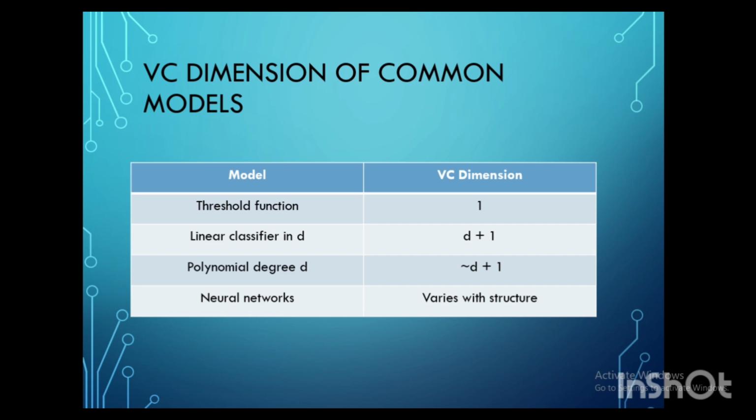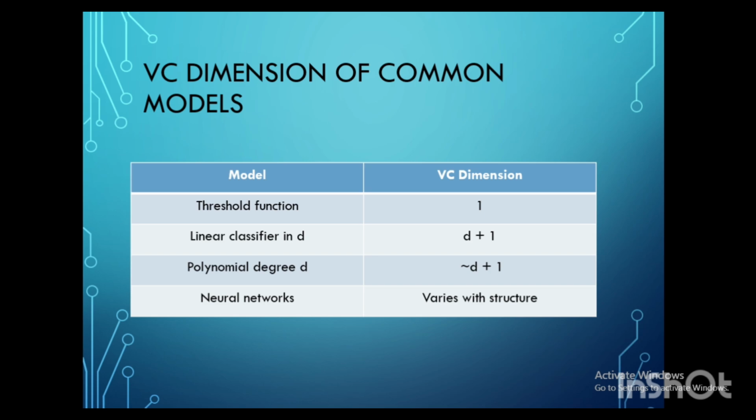In the model linear classification in D, the VC dimension will be D plus 1. In the model polynomial of degree D, D plus 1 is the VC dimension. Model neural network: varies with structure in VC dimension. One more, decision tree: VC increases with the number of decision nodes.